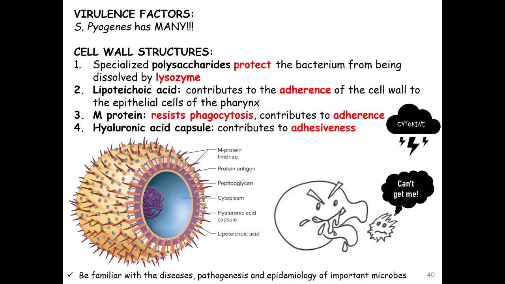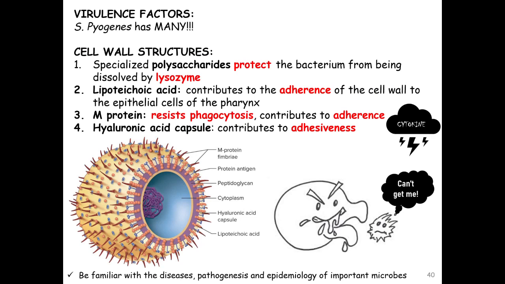Some things that they have: in their cell wall structure, they have polysaccharides that protect them from the action of lysozyme. Lysozyme is one of those enzymes in our secretions, particularly saliva, that breaks down the links between the peptidoglycans and can disrupt cell walls, and they're resistant to that.